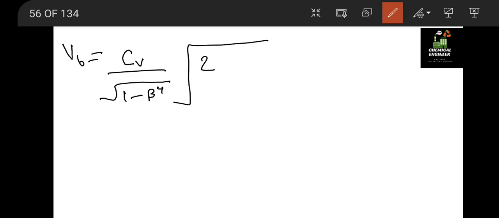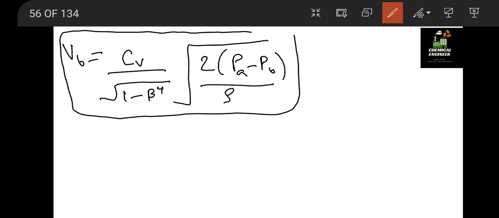Similarly, we have a different equation for calculation of velocity as well, based on the coefficient of Venturi, that is CV divided by root of (1 minus beta raised to 4), under root of 2 times (PA minus PB) divided by rho. So this is the second equation which GATE may ask you.